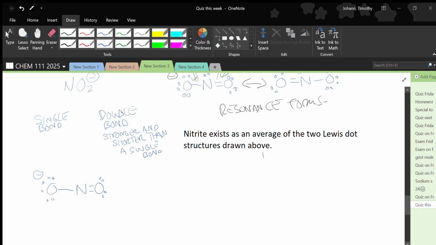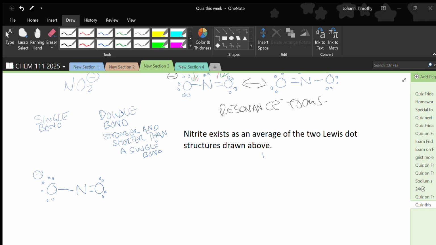Because I know that double bonds are stronger and shorter, and single bonds are weaker and longer, when I measure a nitrate, or nitrite, I should say, I should see 1 short bond and 1 long bond, but I see 2 equal sized bonds. All right, that's what tells me that it doesn't look like this. It looks like an average of these 2. Does that make sense? Okay.